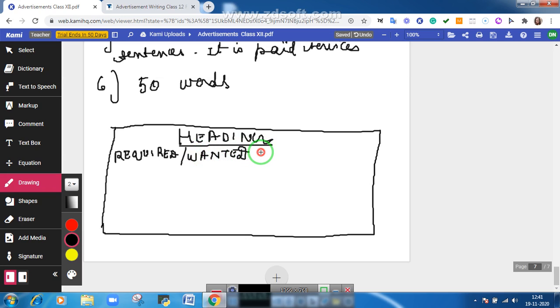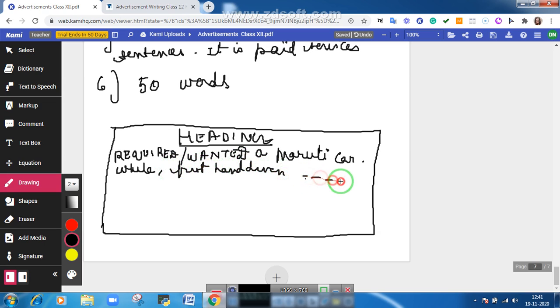Wanted, say a Maruti car, full stop here. Then you will write what all, like white, first hand driven, etc. After writing this, put the second full stop.